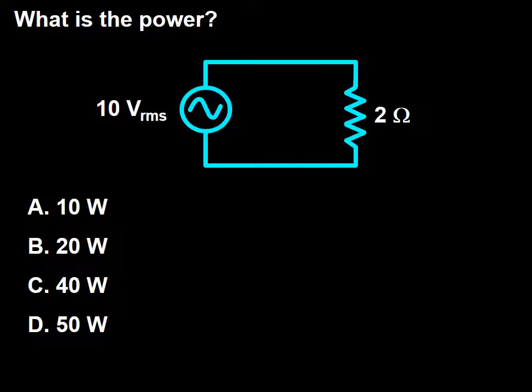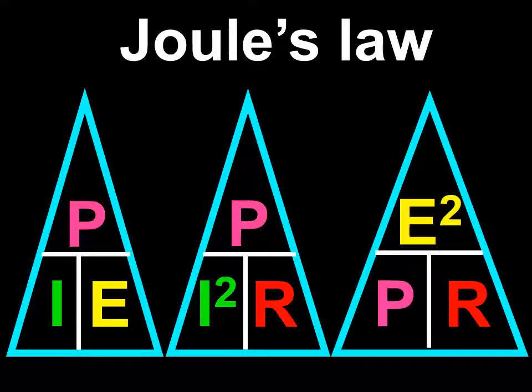A, 10 watts, B, 20 watts, C, 40 watts, D, 50 watts. In this frame, I have represented the Joule's law triangles. We discussed this in the prior video, that is electricity part 2.